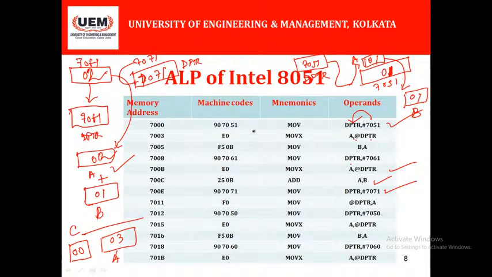Next, MOVX @DPTR, A. So we are going to transfer the value of the A register, which is 03 here, to 7071. So now 7071 becomes 03.